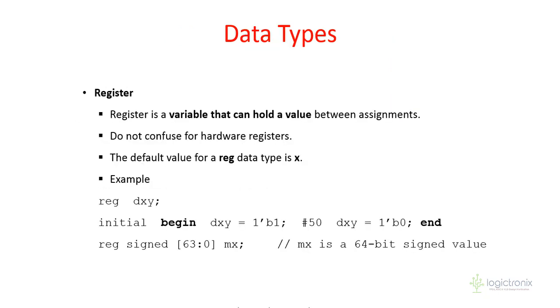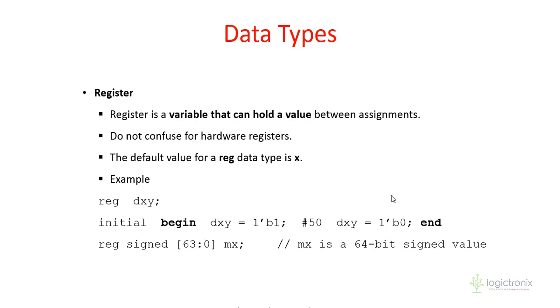And another is registers. So registers are for storing some values in a variable. Like the hardware-based registers, it stores the value for some time. So we can have a specific value until the next value replaces the register value. So reg is the keyword, the variable name is dxy. So we can have initial begin, and we can put some 1-bit binary value to dxy.